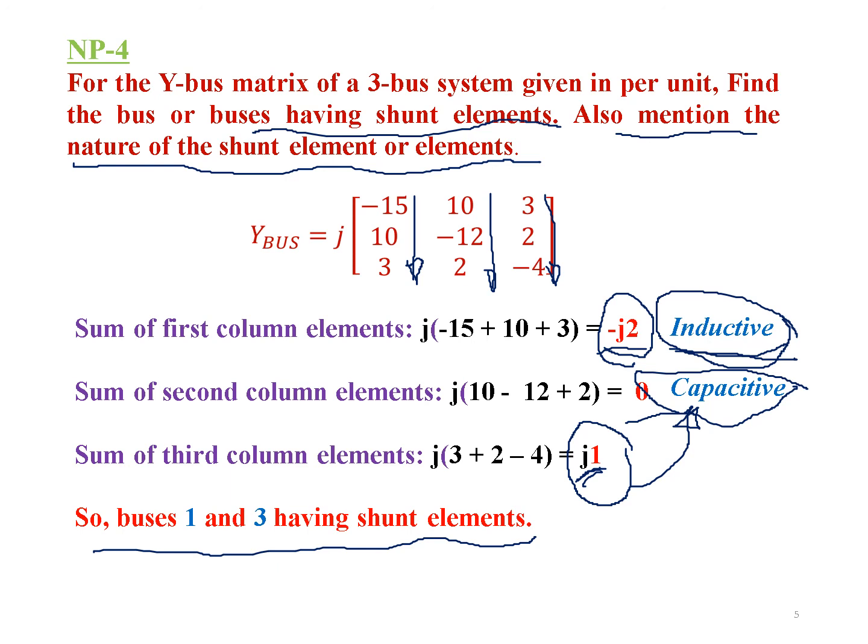So by observing whether the non-zero value is negative or positive, we can comment whether it is inductive or capacitive in nature. That means an inductance is connected as a shunt element in bus 1 and a capacitance is connected as a shunt element in bus 3.